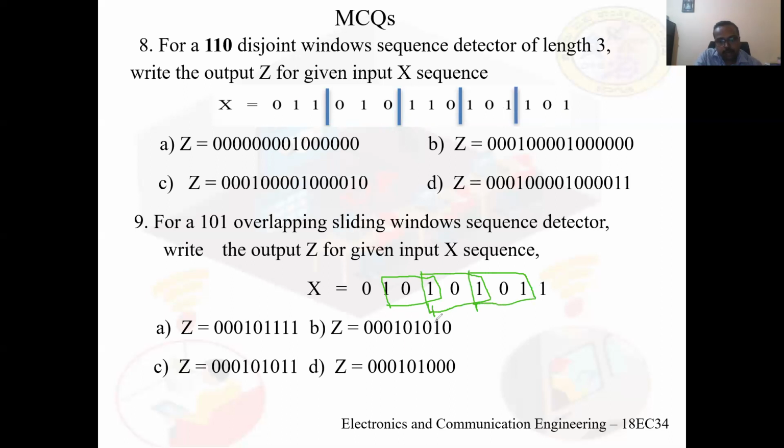So we get 1 here, 1 here, and 1 here. This is 0, this is 0, this is 0, and this is also 0. So what we get is 0 0 1 0 1 0 1 0. Where do we have this option? 1 0 1 0. It is option number B.